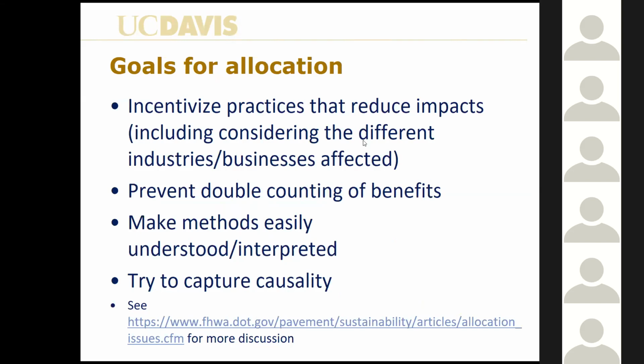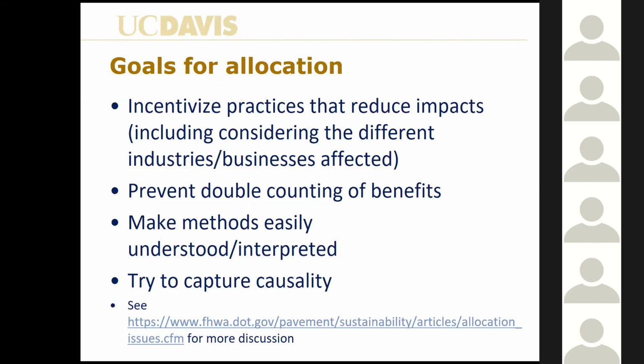So some of the goals that have been laid out for allocation methods in the past are, one, that we want to incentivize practices that actually reduce environmental impacts. And we actually want to have a pretty holistic picture about what that means. So that could include considering the different industries or businesses affected by the allocation methods we recommend.